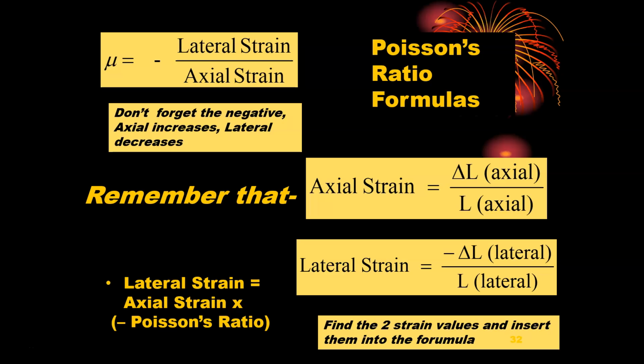Now we use the lateral strain to find the lateral deformation in y and z. So lateral deformation in y is the lateral strain times the original length. So we have negative 0.007 times 0.75. That lateral deformation in y is negative 0.00525.